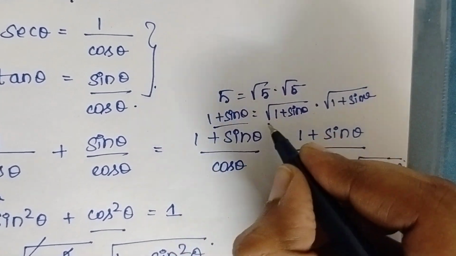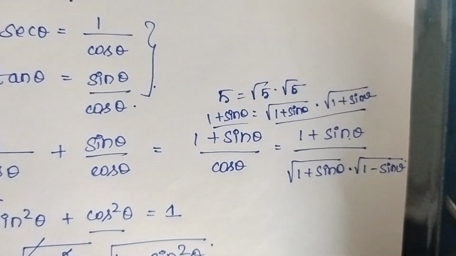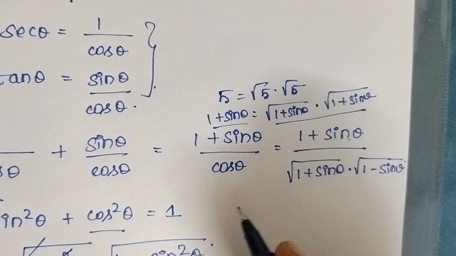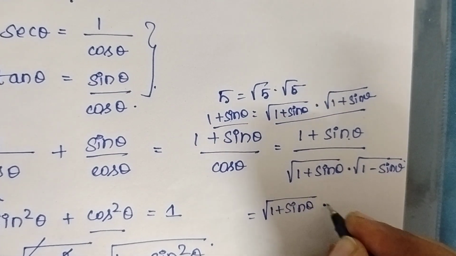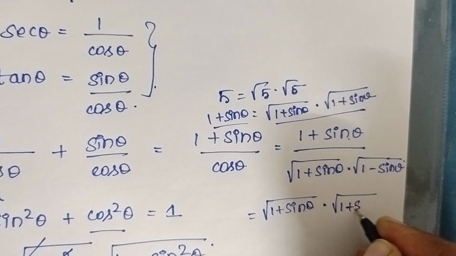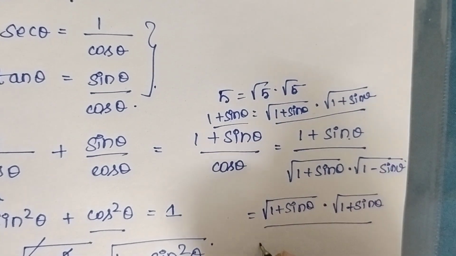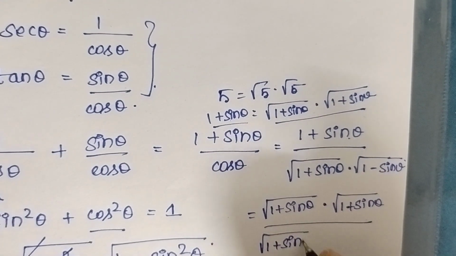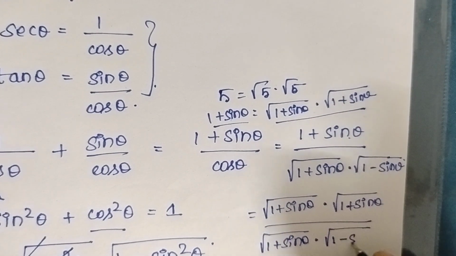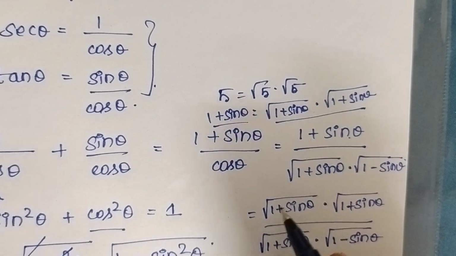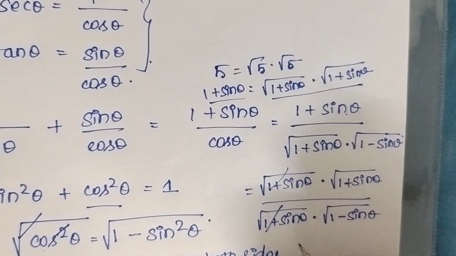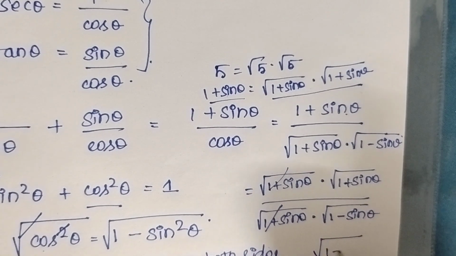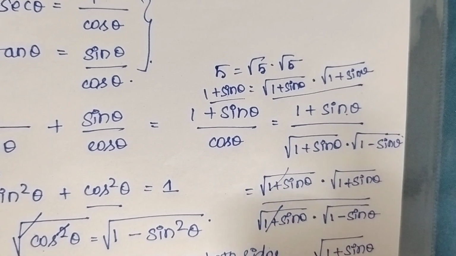Applying these, the equation becomes root of 1 plus sin theta into root of 1 plus sin theta divided by root of 1 plus sin theta into root of 1 minus sin theta. Root of 1 plus sin theta cancels, which gives root of 1 plus sin theta divided by root of 1 minus sin theta.